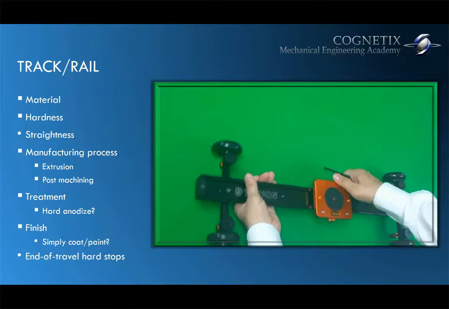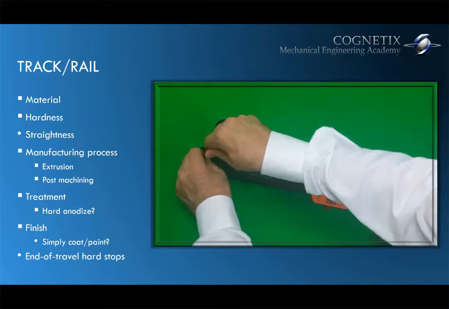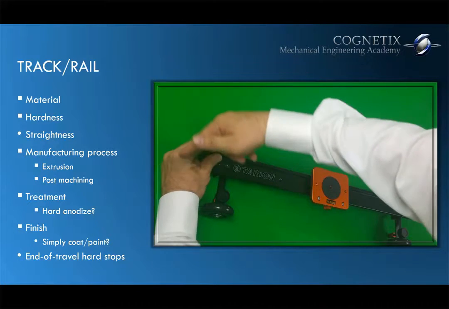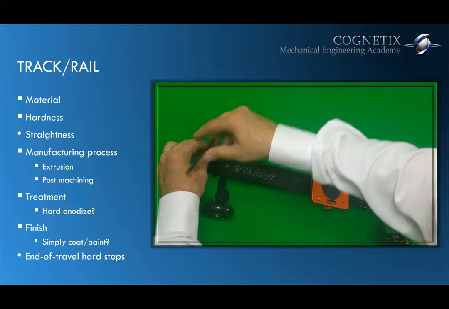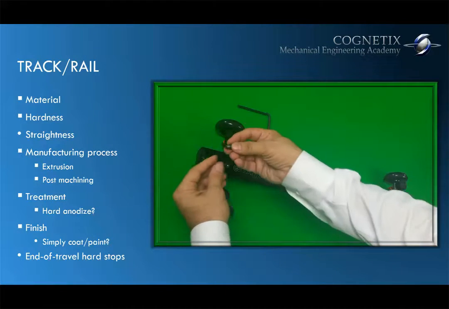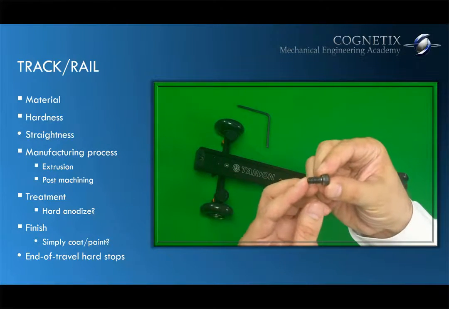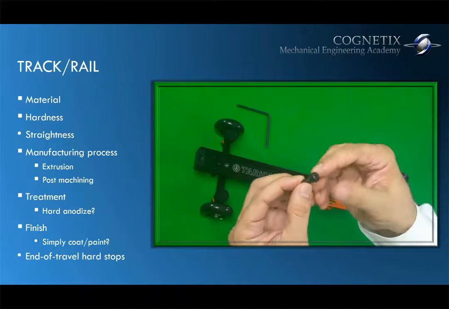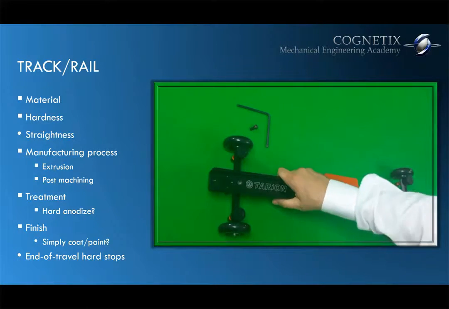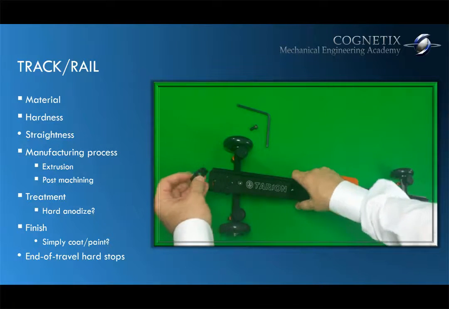I'm going to go ahead and remove it quickly just so we can see what that looks like, using an Allen wrench, removing the probably quarter-20 socket head cap screw that they used here. Okay, removing, there it goes. The hard stop.